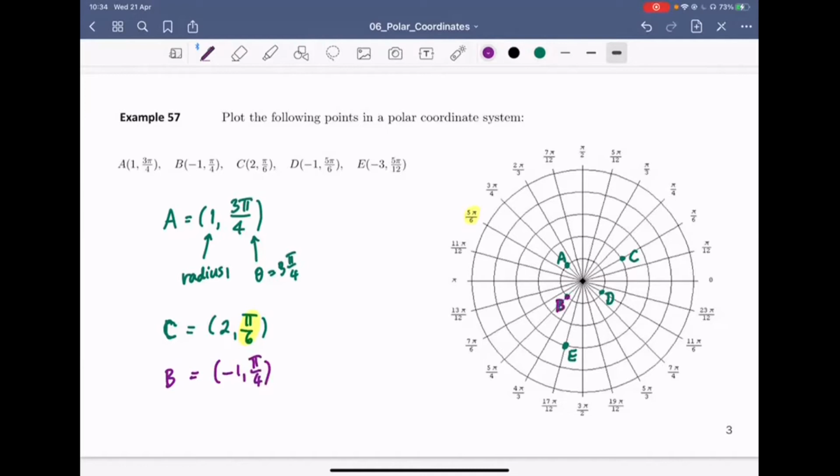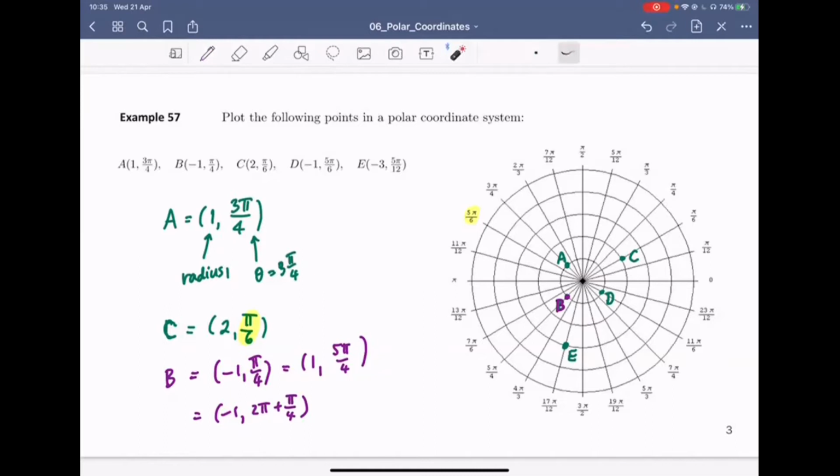Some of you are going to say that this is the same thing as 1 and 5 pi over 4. Yes, it is the same thing. And this is the same thing as negative 1 and 2 pi plus pi over 4. Because as long as you add 2 pi to the angle, it's going to come back to the same angle, because this is a circle.